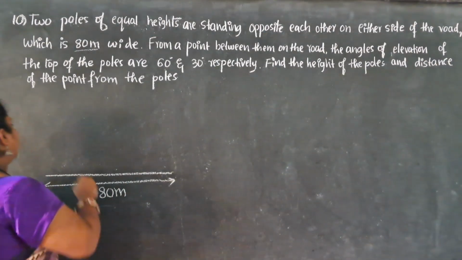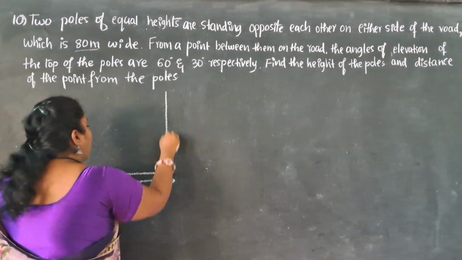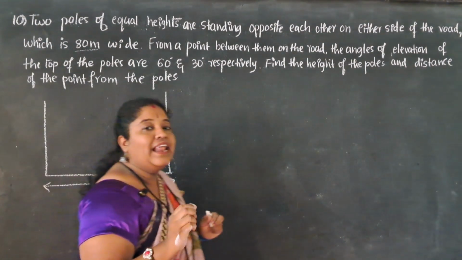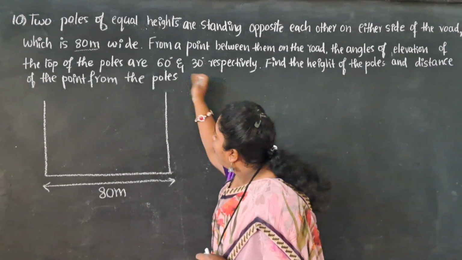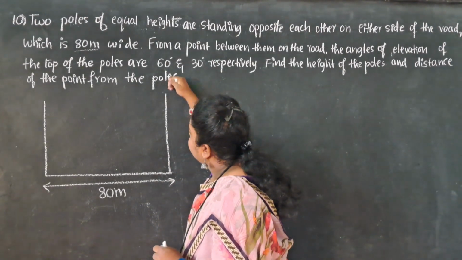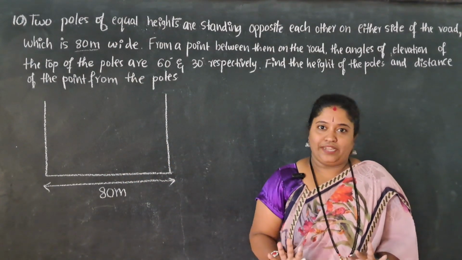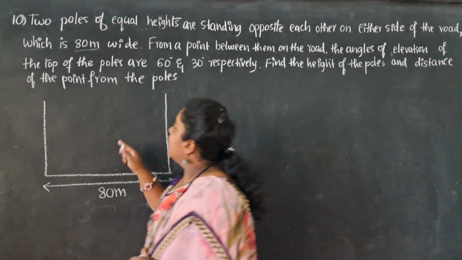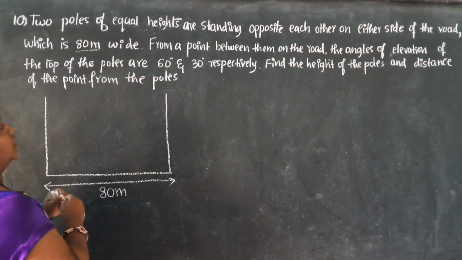And two poles of equal heights. Read the question properly. Two poles are having equal heights, so that is why I have drawn the poles equally. Assume that the poles are equal to each other. Now, once I have drawn the height of the poles, read the question carefully.